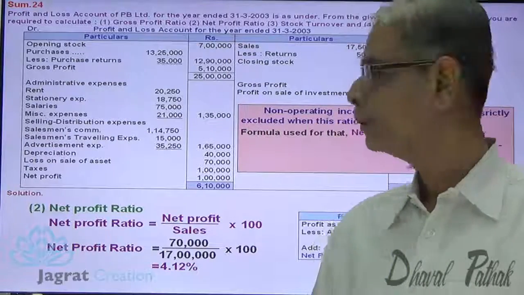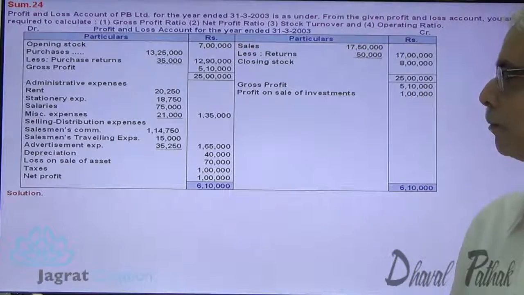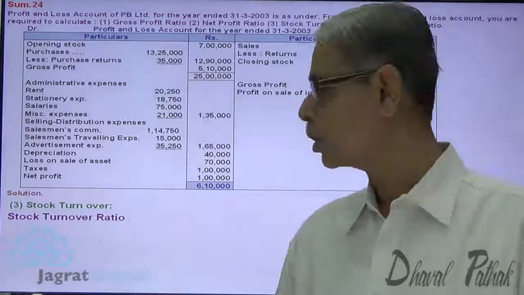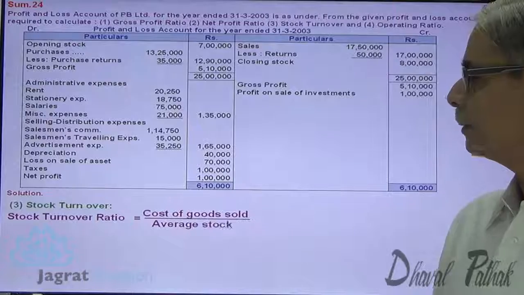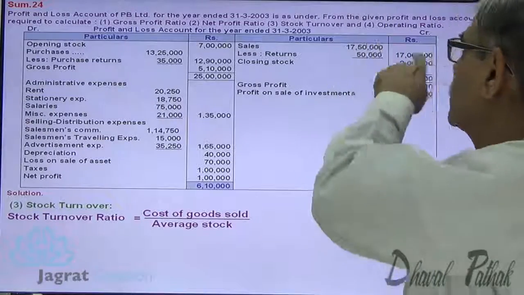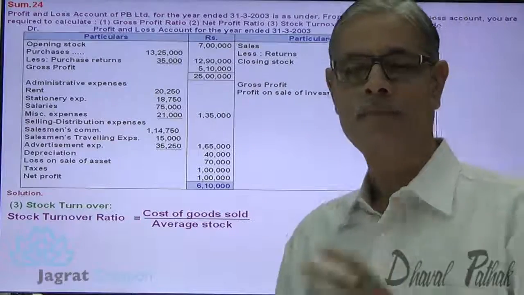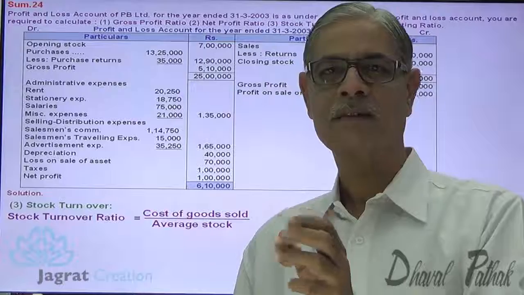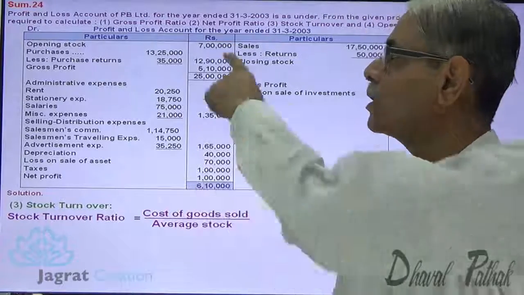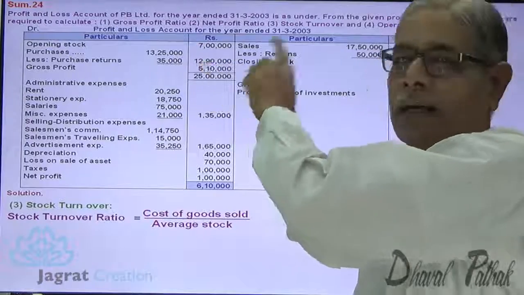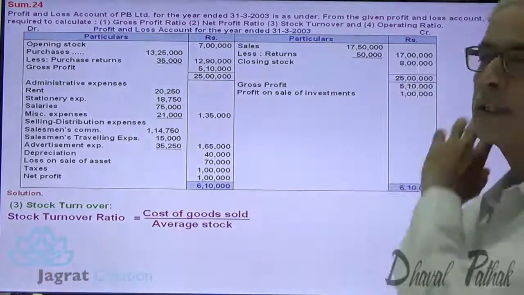Next, stock turnover ratio. Now the formula for stock turnover ratio, cost of goods sold divided by average stock. To find out cost of goods sold from sales, you have to deduct the gross profit. You will get the cost of goods sold. The other method to get the cost of goods sold is opening stock 7 lakhs plus net purchases 12 lakh 90,000 minus closing stock 8 lakhs.